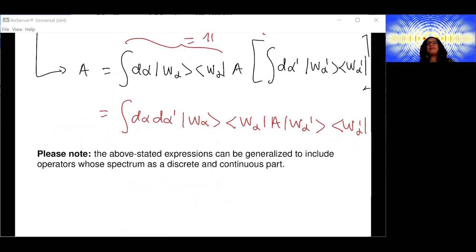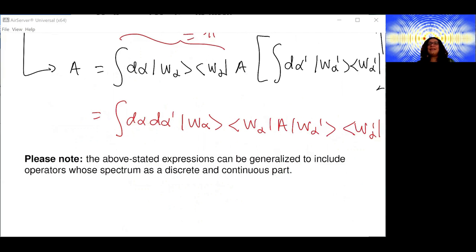Sometimes you are dealing with a problem in which you have to write your state space considering a discrete part and a continuous part. So, for instance, here, how do you do it?